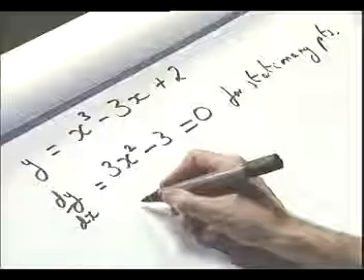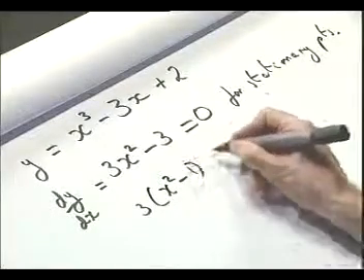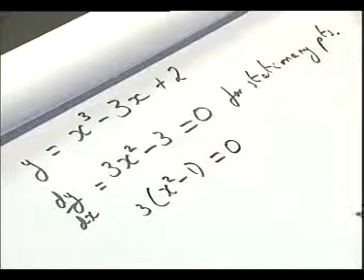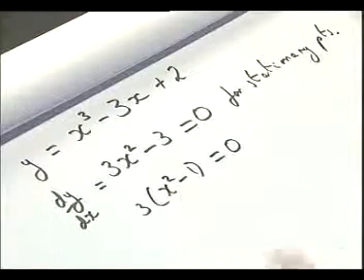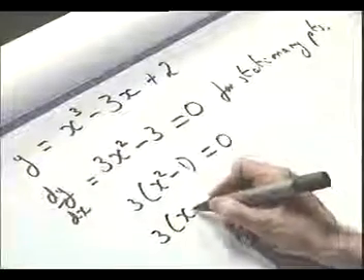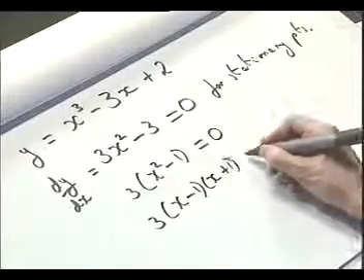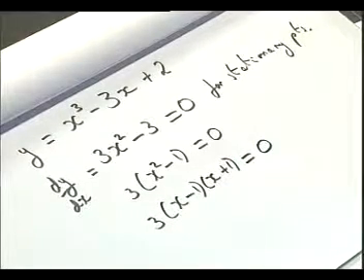We can factorise this. There's a common factor of 3, leaves us with x squared minus 1, and this is now recognisable as the difference of two squares. So it factorises as 3 times (x minus 1)(x plus 1). And that's equal to 0.